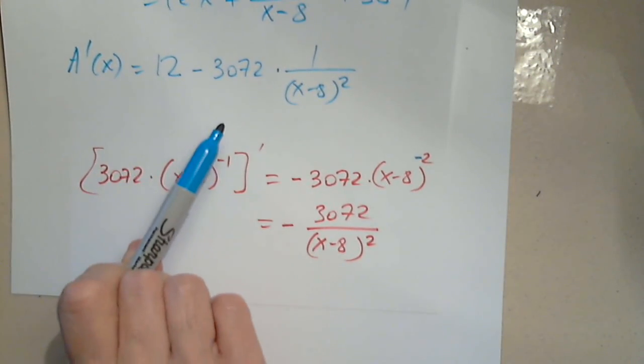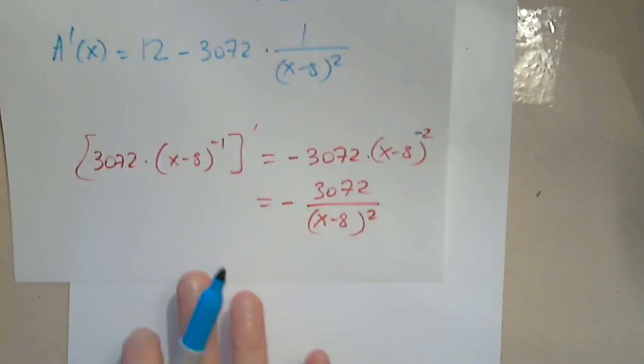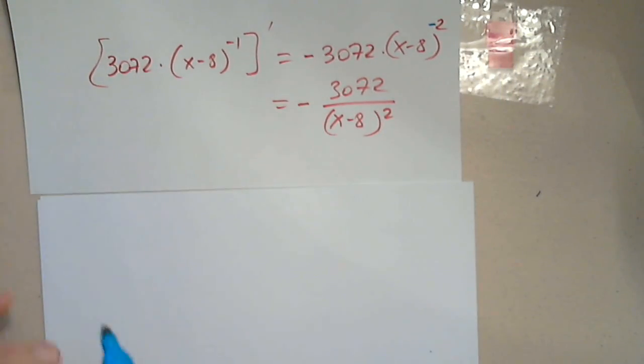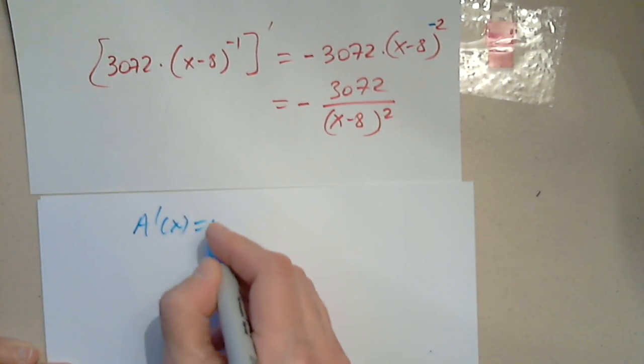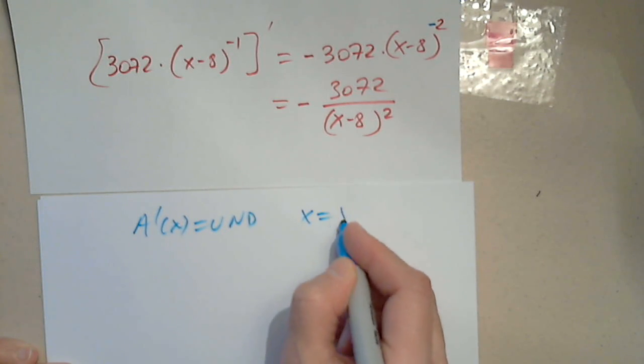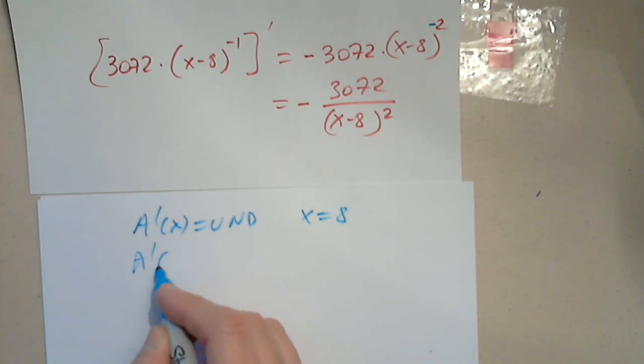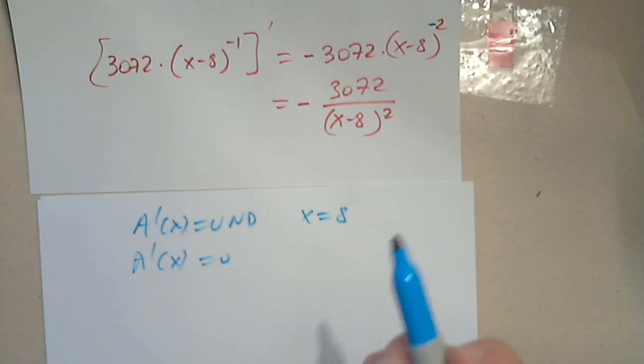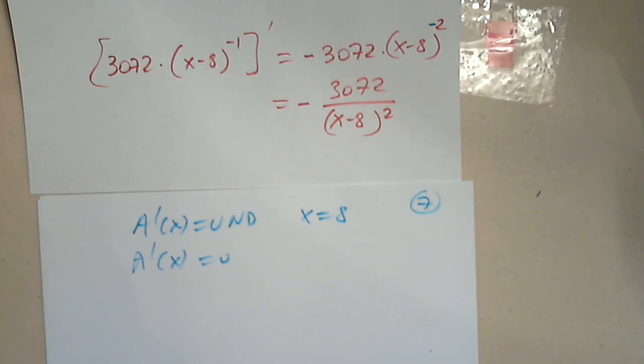Now you can say that this function has two critical numbers. I mean, a prime can be undefined for x equals 8, and a prime can be 0. In a moment we'll see.